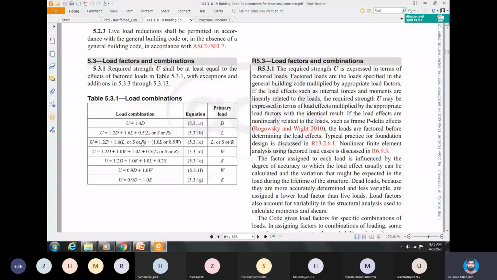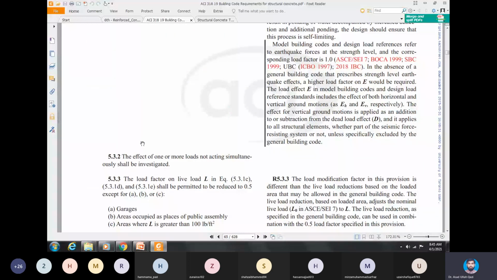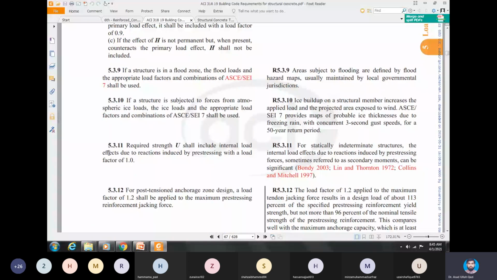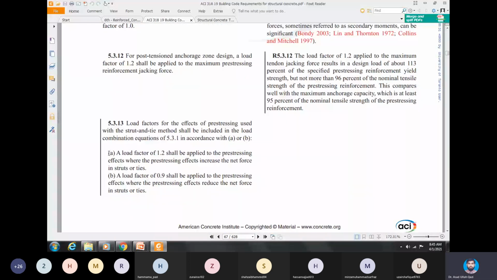So the reader can quickly understand that there is a paragraph, there is a change which is made, and if he is referring to the latest code, then he must check what was the previous guideline and what changes have been made based on the latest wisdom and research.